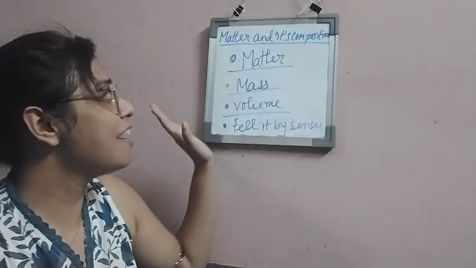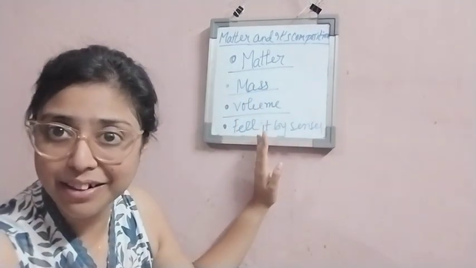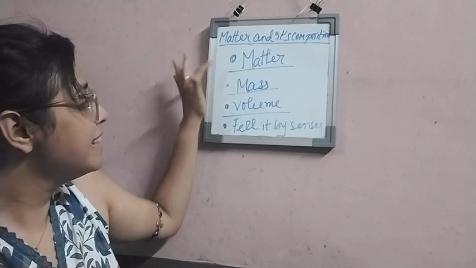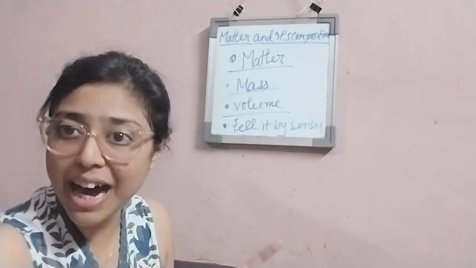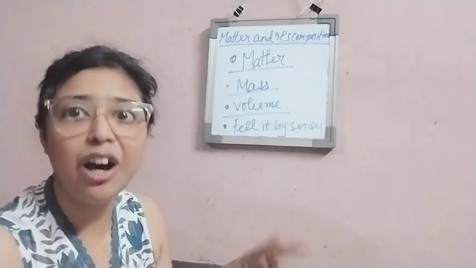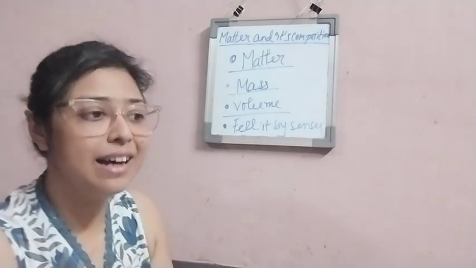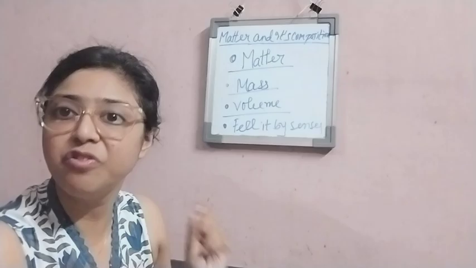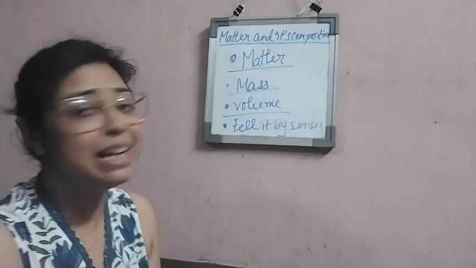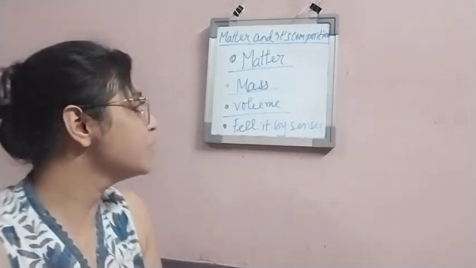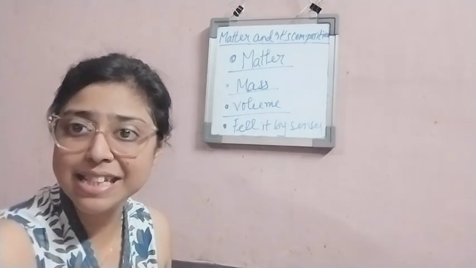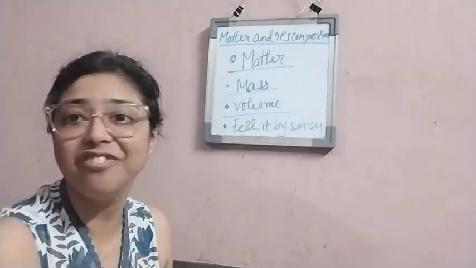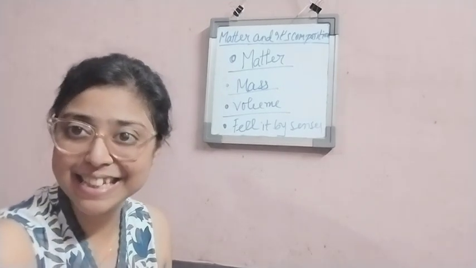So these 3 points are important for matter: it has mass, it occupies some space, which we can say volume, and we can feel it by our senses. These 3 things define matter.